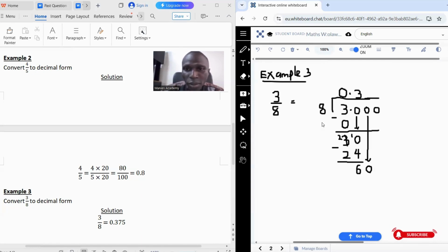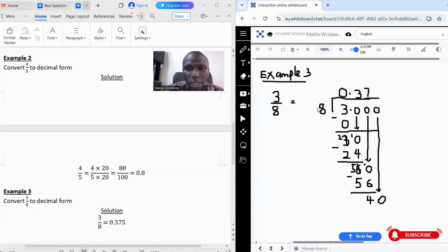Now 60 divided by 8 gives us 7. Then 7 times 8 gives us 56. We subtract this. Take 1 from here, we have 5. We have 10 here, so 10 minus 6 gives us 4. Then we drop the last 0 down, so we have 40.